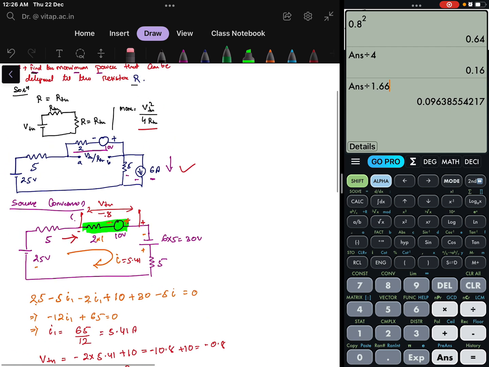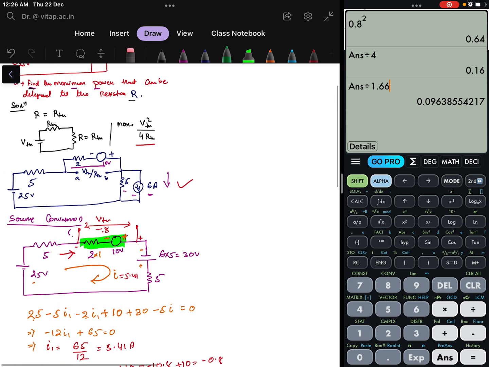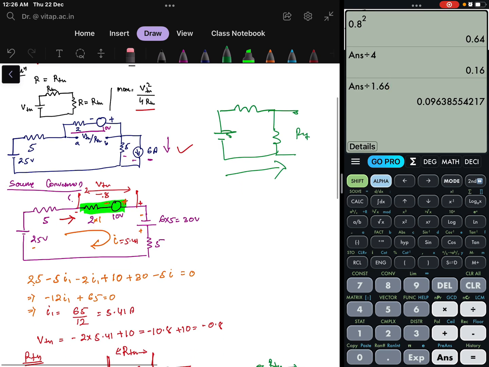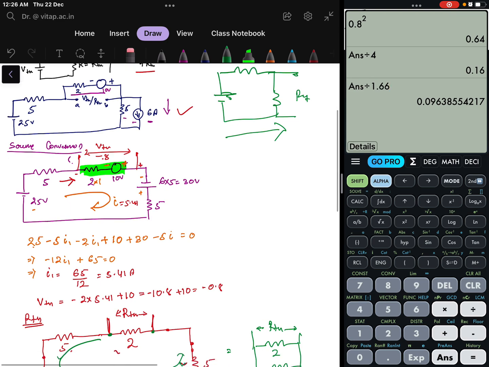So generally where will be the difficulty? Till now we have always been considering a circuit like this, and here you have to find the RTH. The general convention was to look into the circuit in the horizontal manner, but here you have to look at the circuit in the vertical manner. So you may get confused. Nothing to be confused about here.